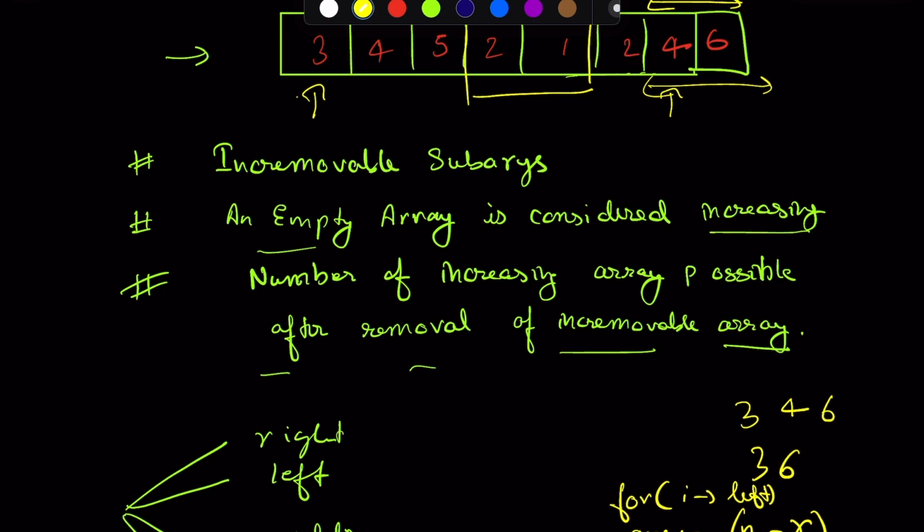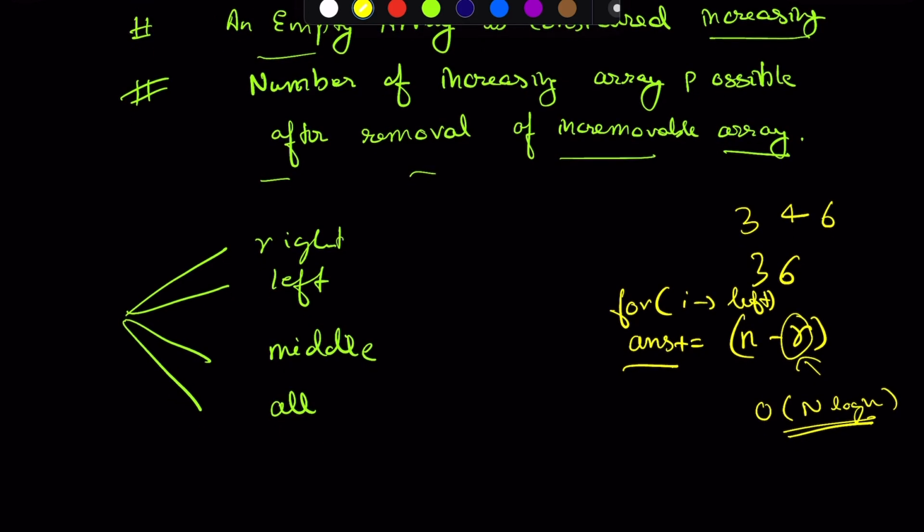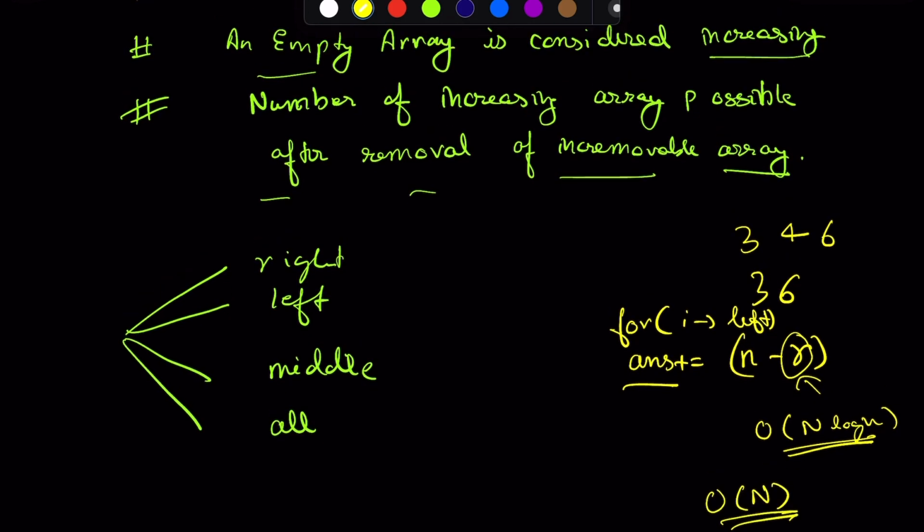And how can we find this r? This r can be found by using binary search. So this will give us an O(n log n) solution. We can also get an O(n) solution by using two pointers.